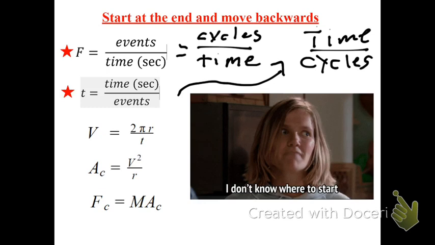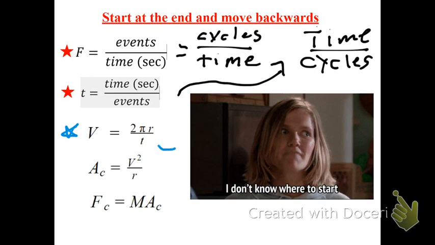The last three are going to be brand new. So this one here is going to be our velocity formula for a circle. Now this is a little bit different than our velocity formulas that we have used before. So what we've got here is velocity equals 2 times pi, so that's that 3.14 number, 2 times pi times the radius of the circle divided by our period.